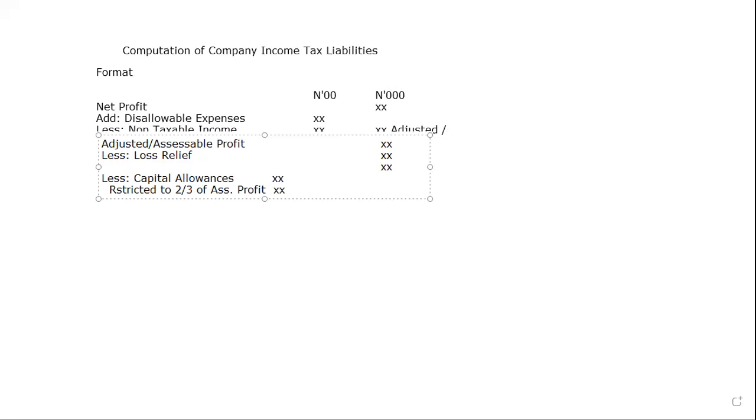Then you have total or taxable profit. I prefer using total profit.